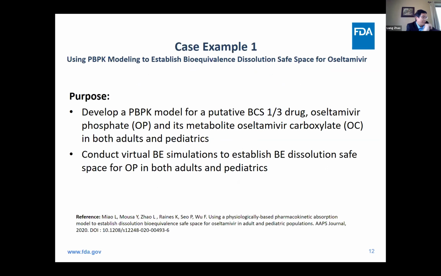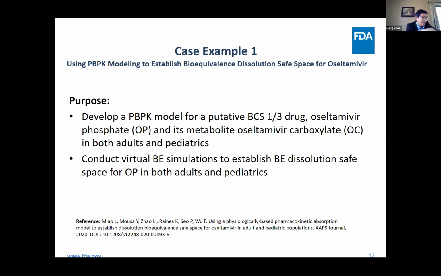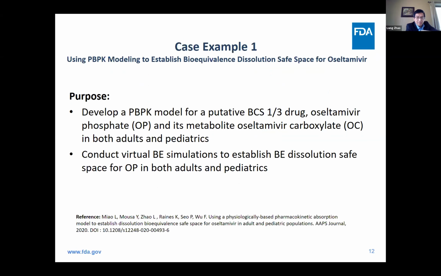Case 1 is about how we developed a PBPK model for the putative BCS class 1-3 drug, oseltamivir phosphate, OP, and its metabolite, OC, in both adults and pediatrics, then conducted virtual BE simulations to establish a BE dissolution safe space for the parent drug in both adults and pediatrics.